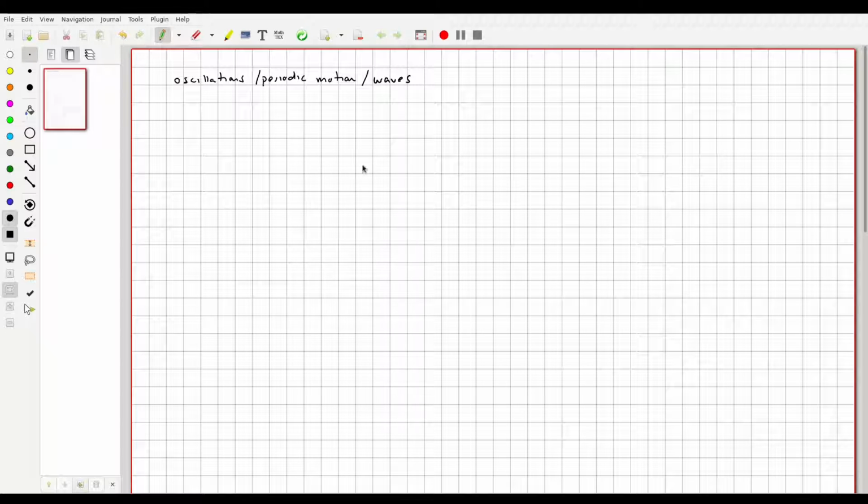Now, we've actually seen some examples of oscillations and periodic motion before. Typically, all this falls under this umbrella term called simple harmonic motion. A good example of this would be uniform circular motion.